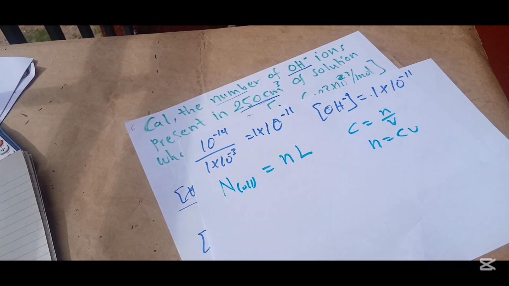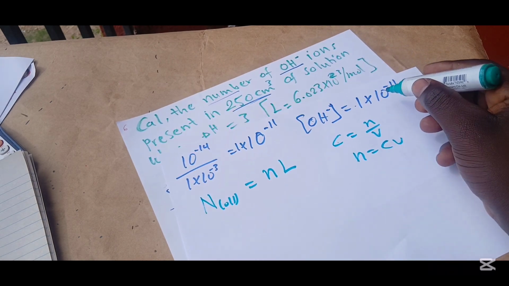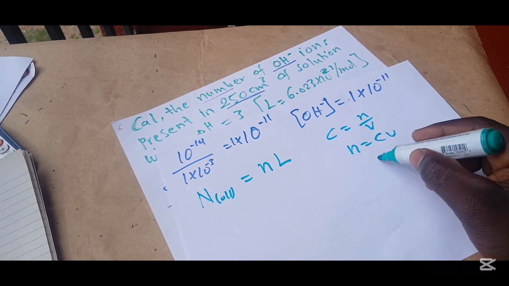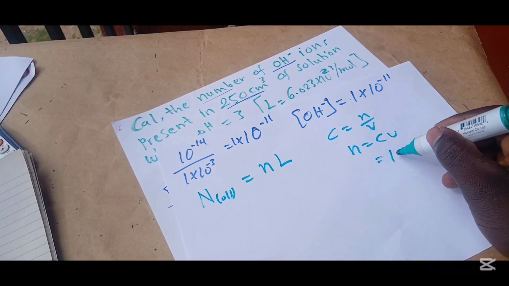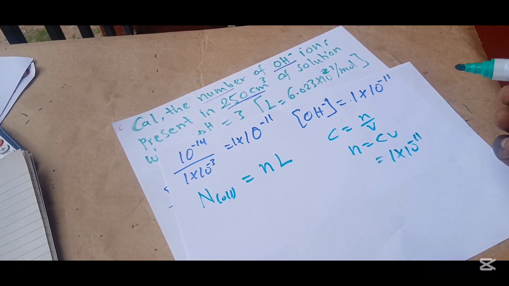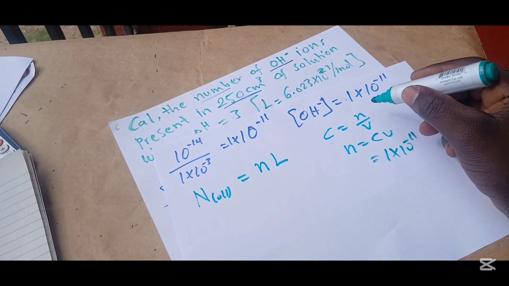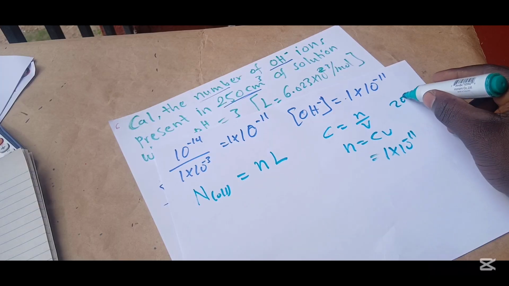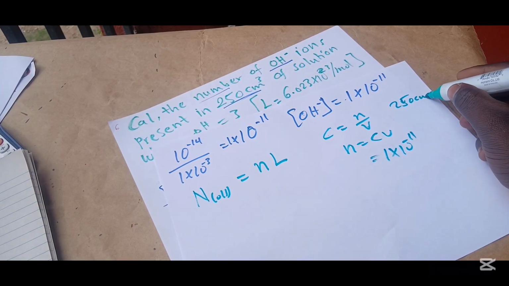But we have to convert our volume to dm cube. So we know concentration to be 1 by 10 to the power negative 11, and the volume is 250. So we just divide that by, sorry, by 1000, in order to convert it to dm cube.